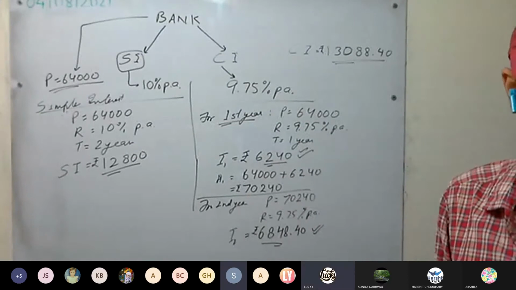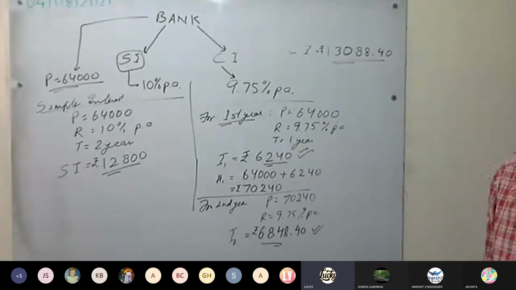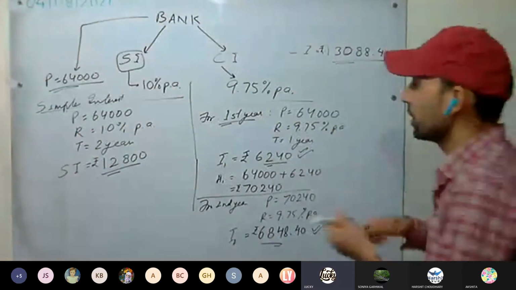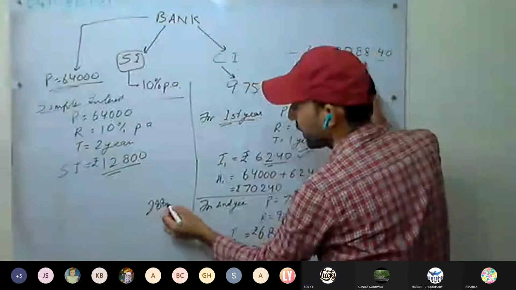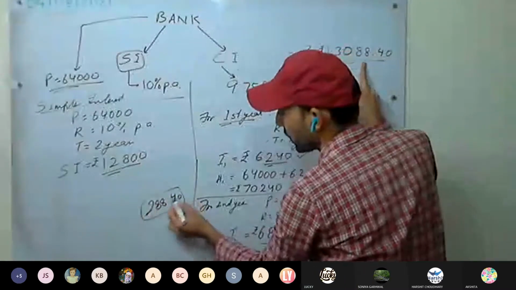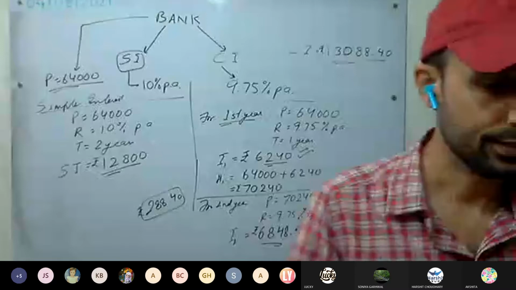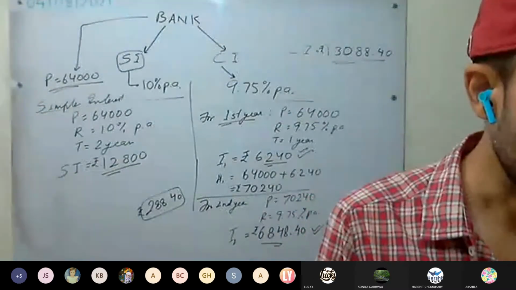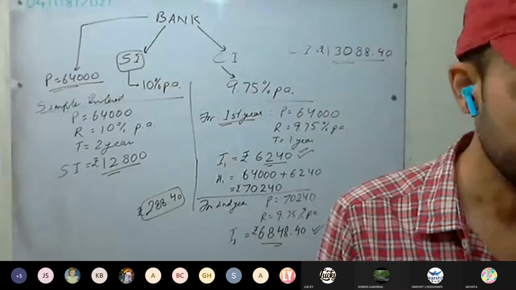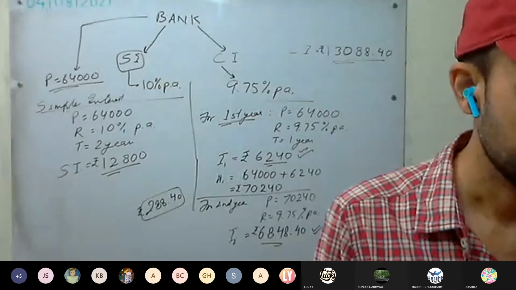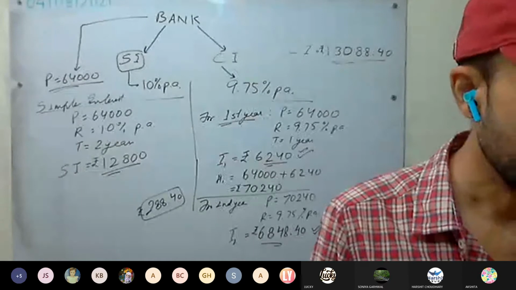Subtract them: compound interest minus simple interest, 288.40 rupees. By this much you will be more in profit. So the 9th question is clear.